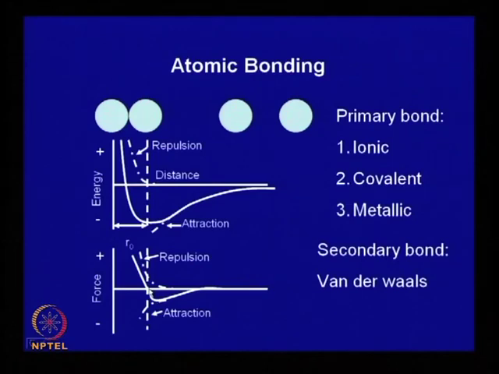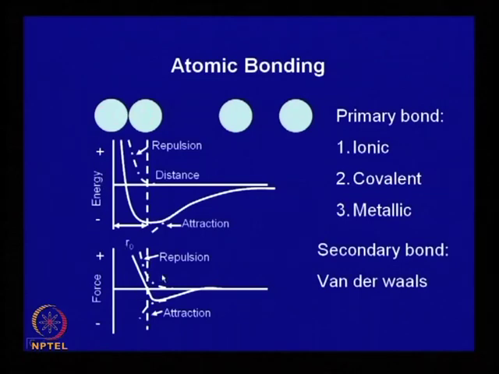If you try to displace it slightly to this side, then the force becomes positive. Positive force means it will come back this way. So if you try to disturb it from this position of equilibrium, because of this bond there will be a natural tendency for it to come back. Pictorially this is shown like this: it goes up but comes back.